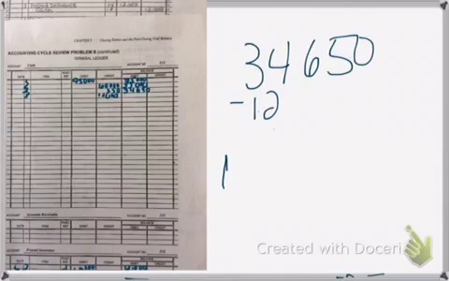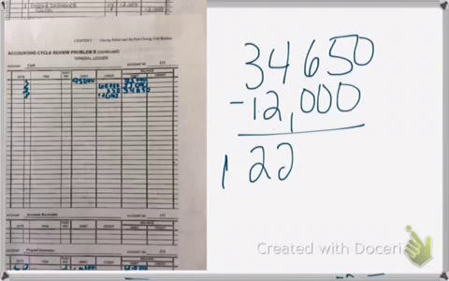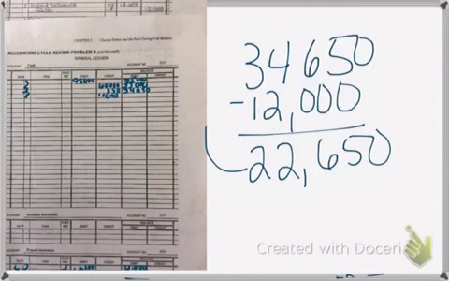I would subtract out the 12,000 from that, and I would get $22,650 is what I would actually have, and so that is what actually would go in right here as a balance.